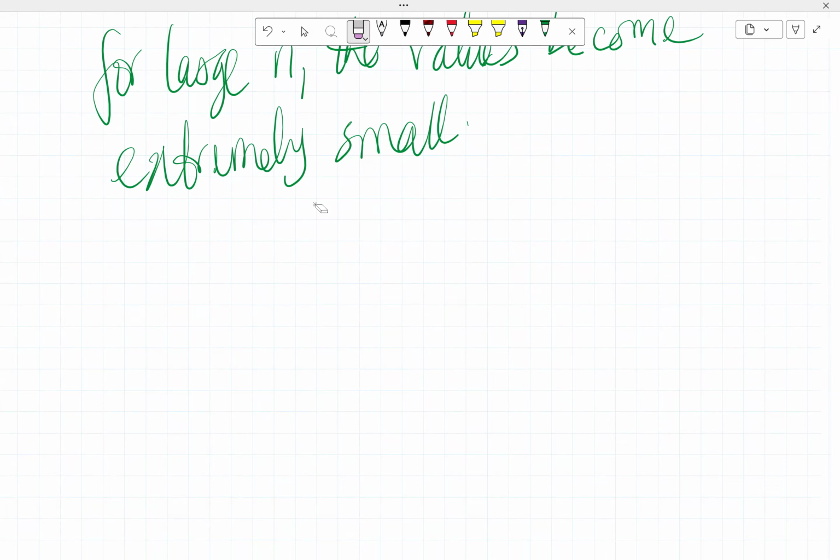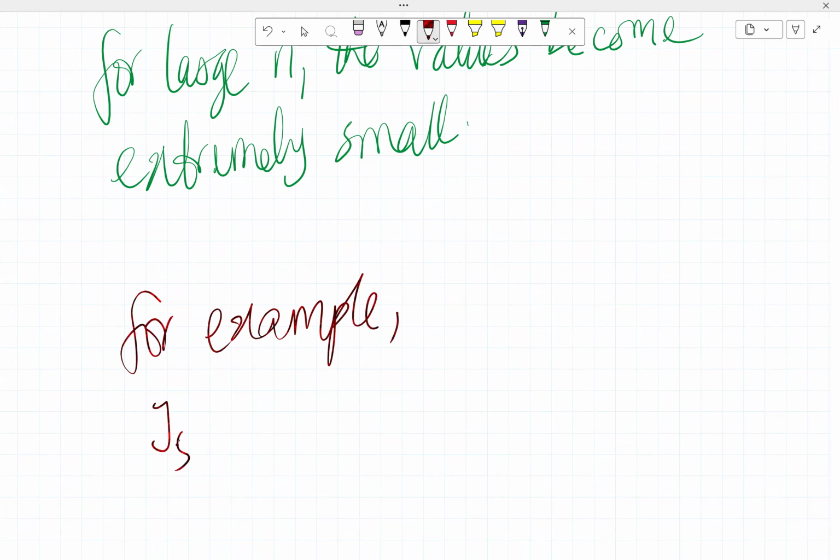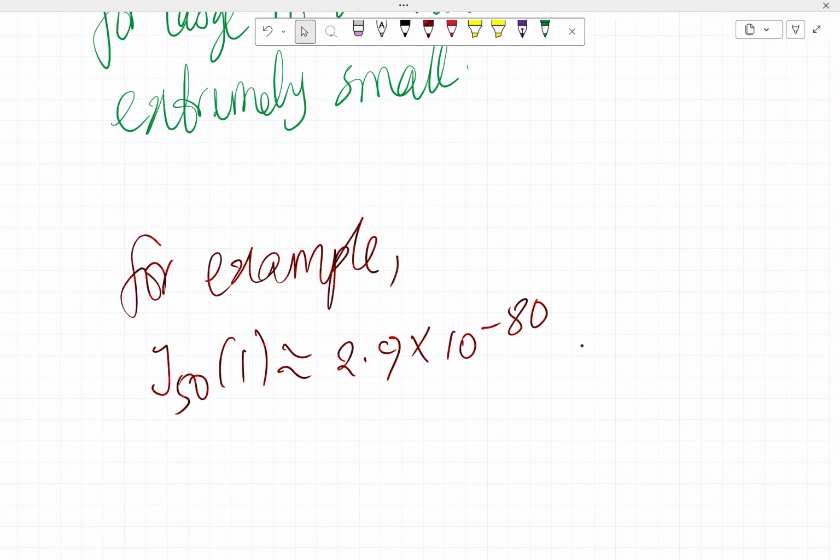For example, J50 of 1 is approximately 2.9 times 10 raised to power minus 80. That's as good as 0, right?